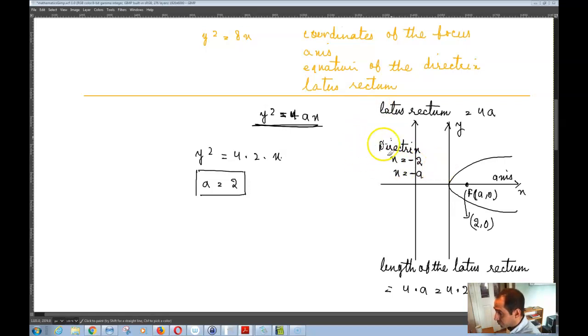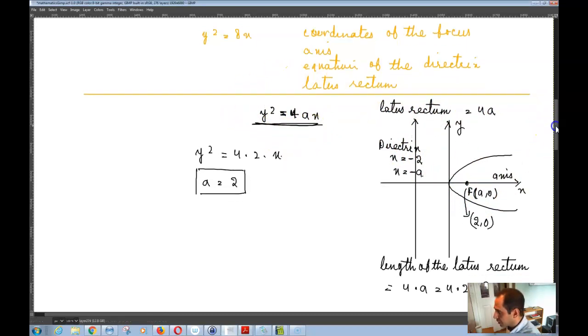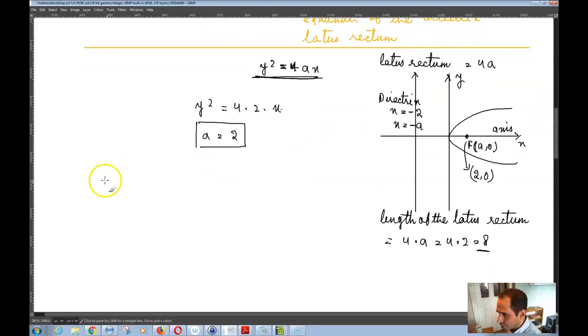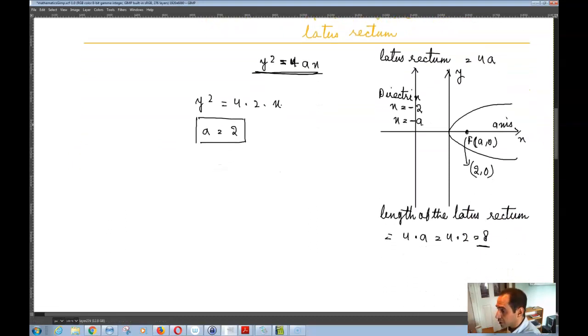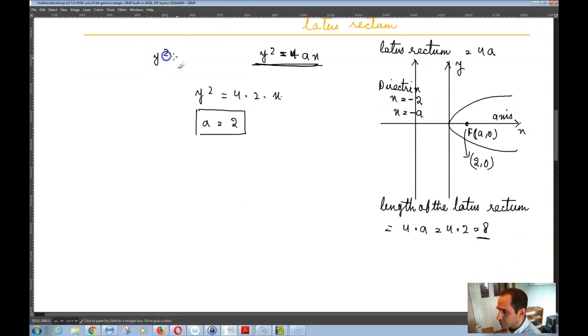So now if you actually drew this parabola, y squared is equal to 8x.